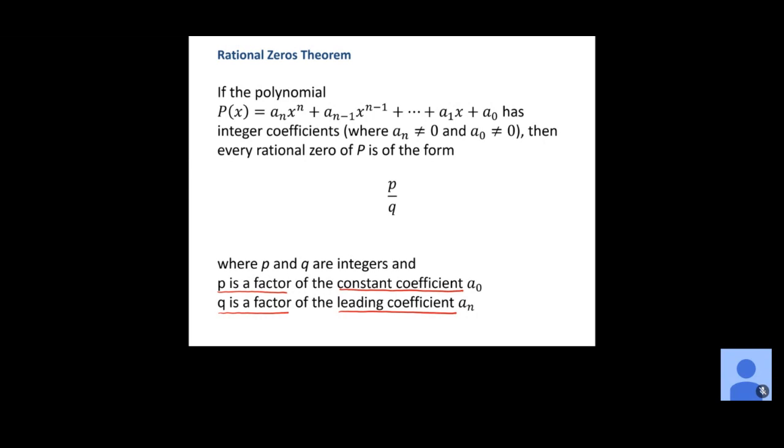Okay, so our p-values, we're going to look at the constant. We're going to list out all the factors of the constant. The q-values, we're going to list out all the factors of the leading coefficient. And then we're just going to divide all those values to figure out what are the possible rational zeros. Okay, and remember, rational here means fractional. Okay, so these are the possible fractions that would be zeros. Now, keep in mind, right, 2 over 1 is technically a fraction, so 2 would be a rational zero.